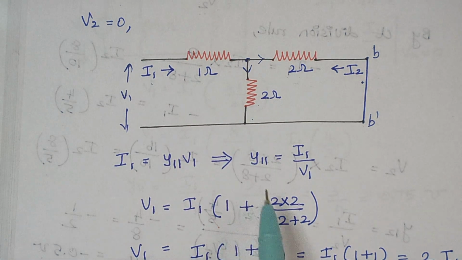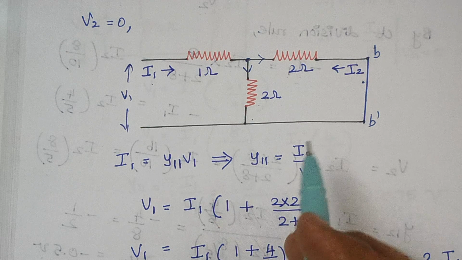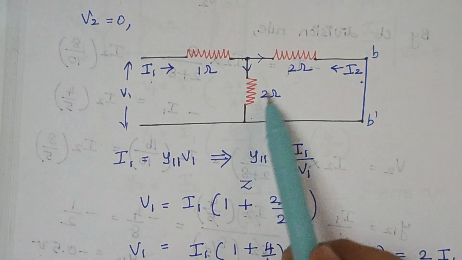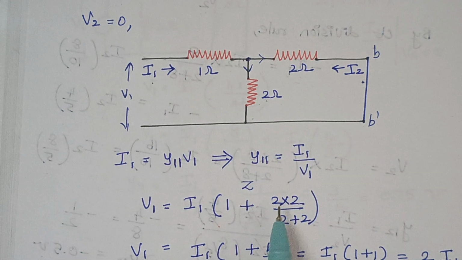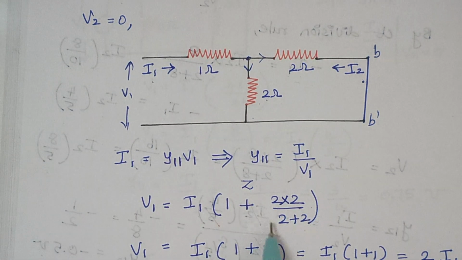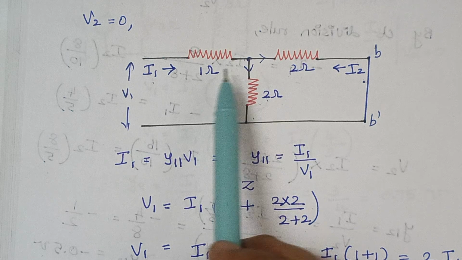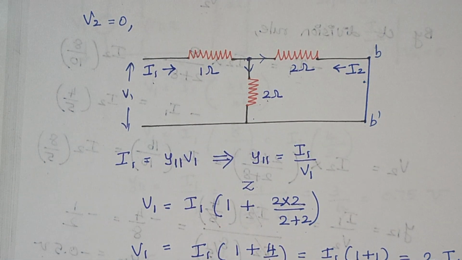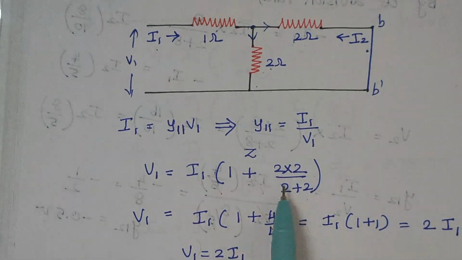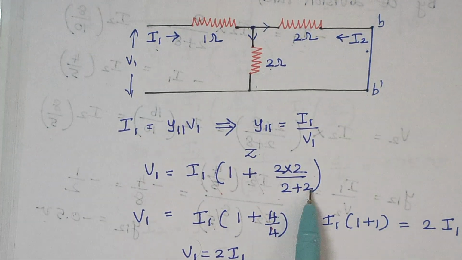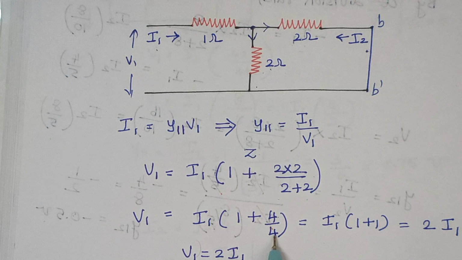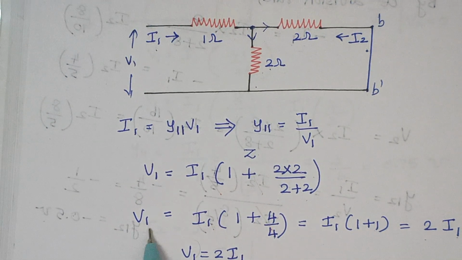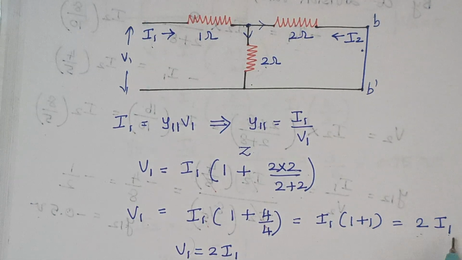So V1 is equal to I1 into the effective impedance, where these two resistors are connected in parallel: 2 into 2 divided by 2 plus 2, and that combination comes in series with this 1 ohm. Therefore it is 1 plus. Once you solve, 2 into 2 is 4 and 2 plus 2 is 4, so this becomes 1. So 1 plus 1 makes 2. So finally the value of V1 is equal to 2I1.